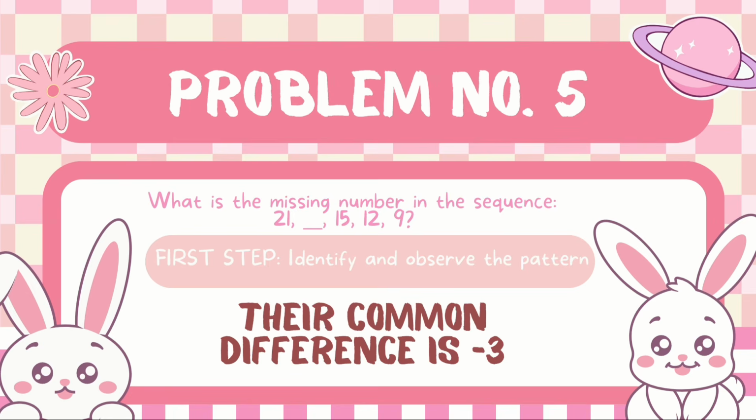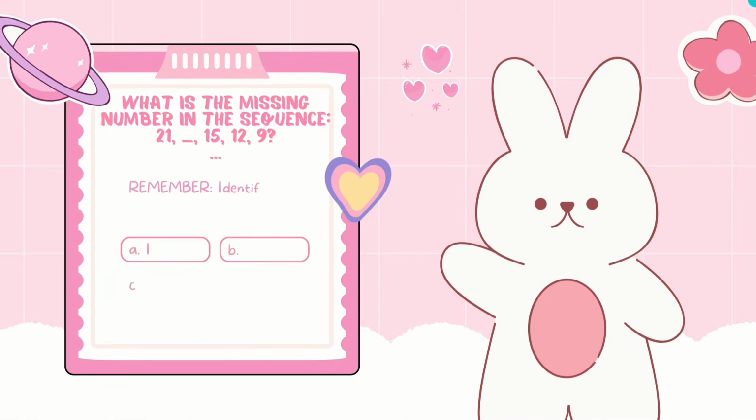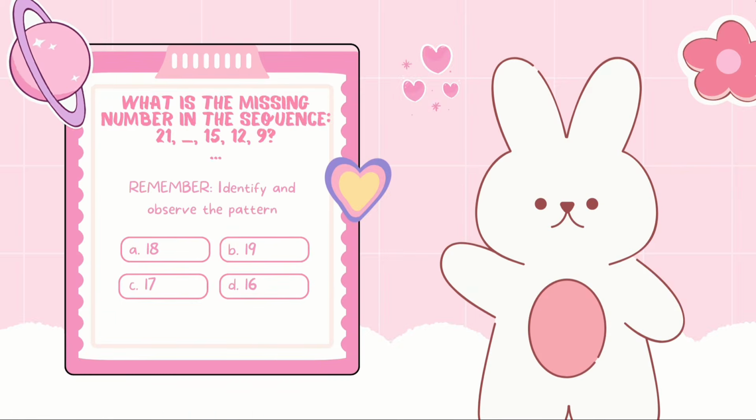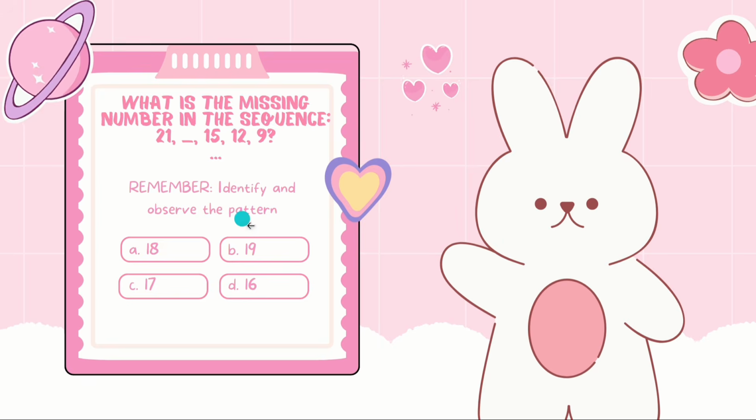So try subtracting it. I will give you 5 seconds to answer this question. What is the missing number in the sequence 21, blank, 15, 12, and 9? Remember, identify and observe the pattern.